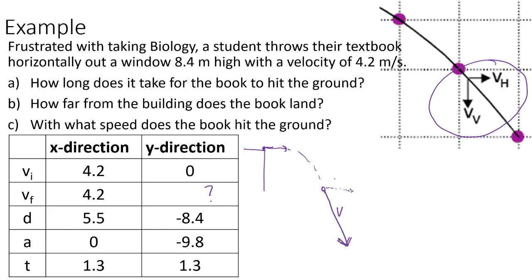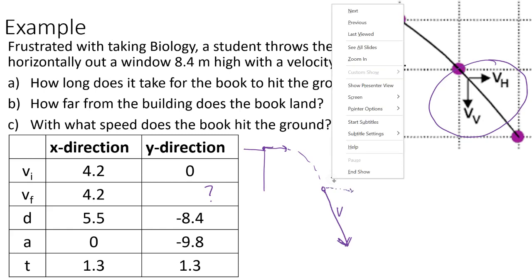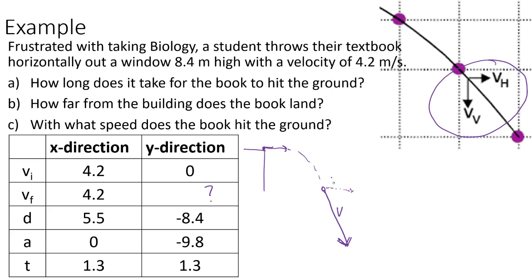That velocity will have an x component. Our velocity in the x component is 4.2. We're going to need to know this velocity in the y component. If we know that velocity in the y component, we can go and apply Pythagorean theorem and find out what our total speed of this object is just before it hits the ground.